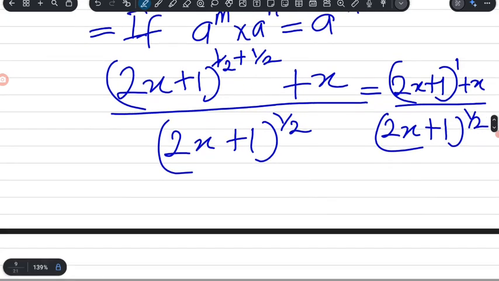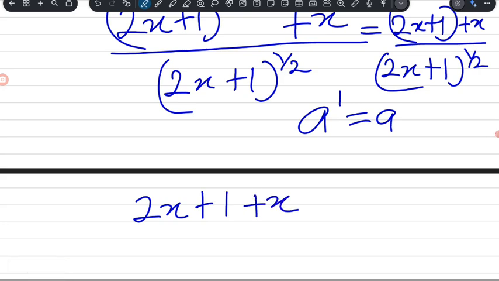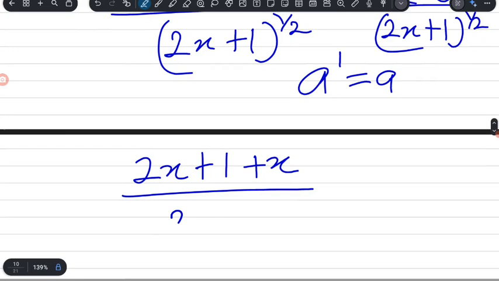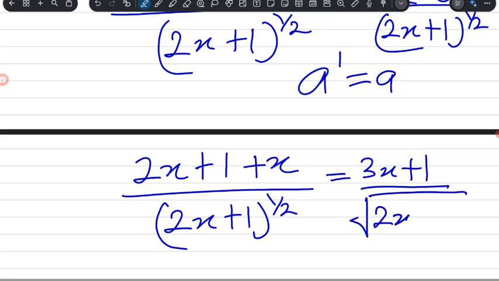So recall that a raised to power 1 is the same thing as a. Therefore, 2x plus 1 plus x all to divide (2x plus 1) all raised to power half, which is 3x plus 1 to divide, and half means square root of 2x plus 1.